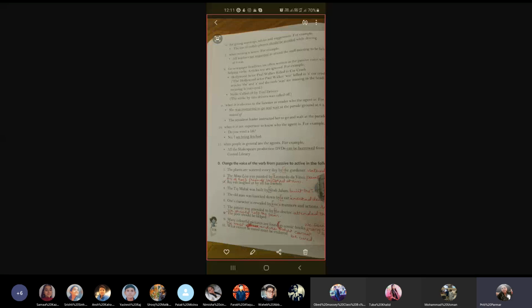Question number nine. Many colorful pictures are found in comic books. Now, write down the answer correctly: we found many colorful pictures in the comic book.